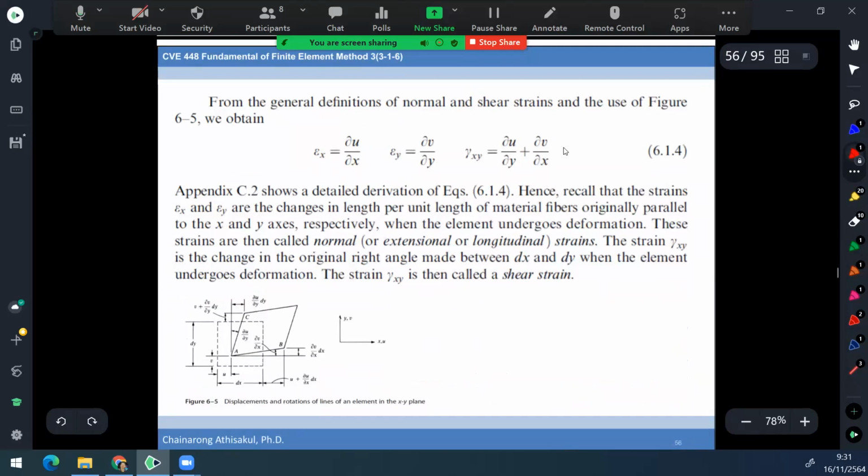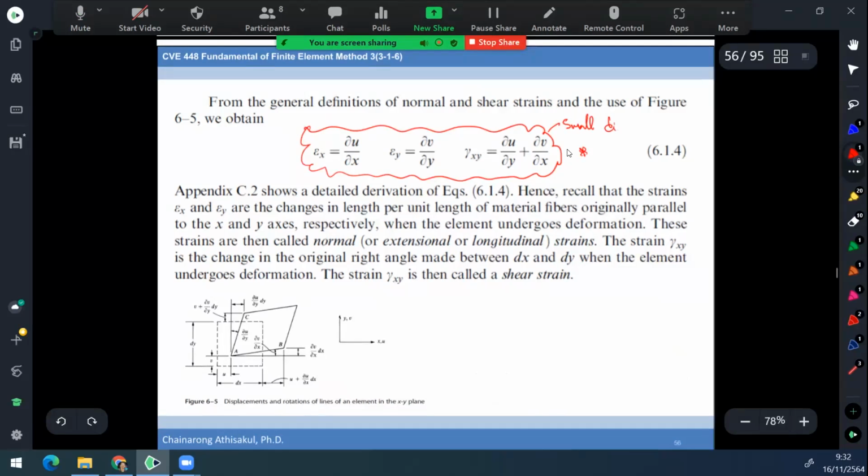And then we relate the strain with the displacement by this equation for the small displacement case. This equation is limited to small displacement only, and this is the small strain condition.